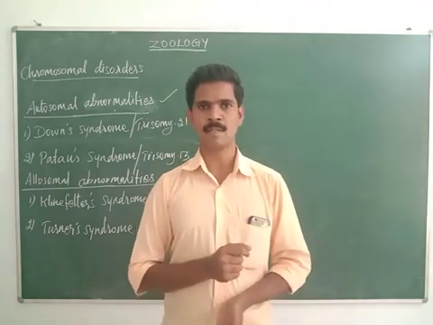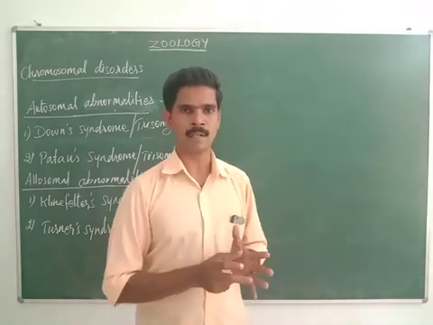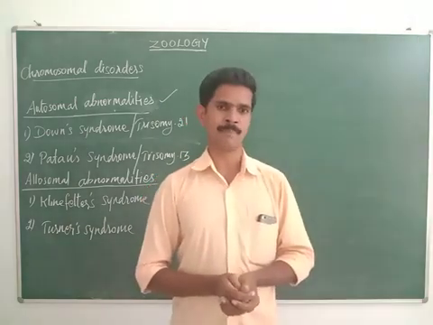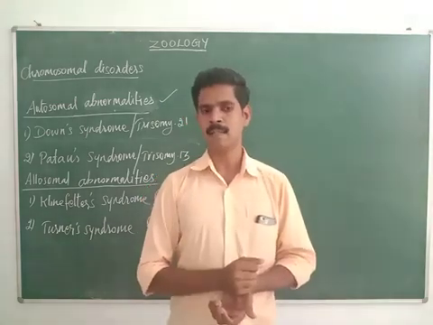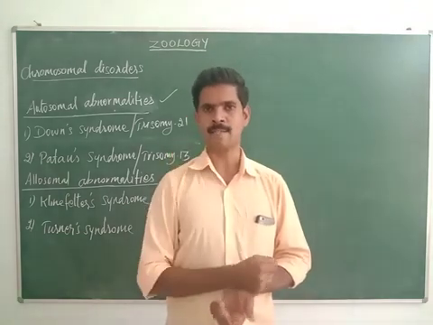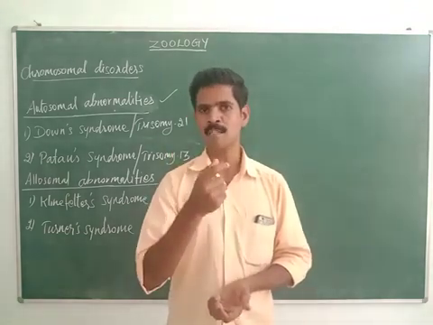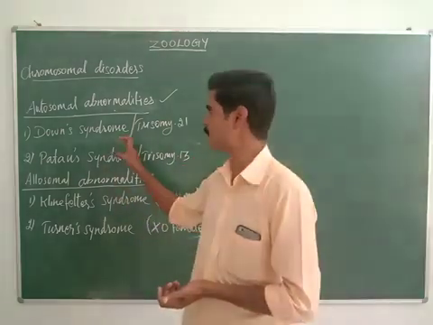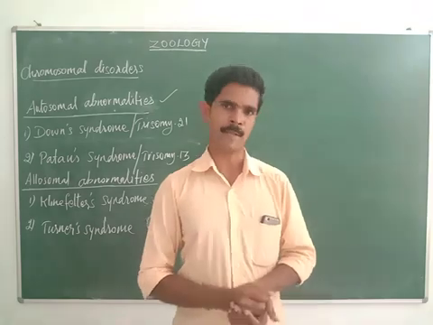Central nervous system means both the brain and spinal cord. And the third symptom is more space between the two eyes. This is the third character of Down syndrome affected people.